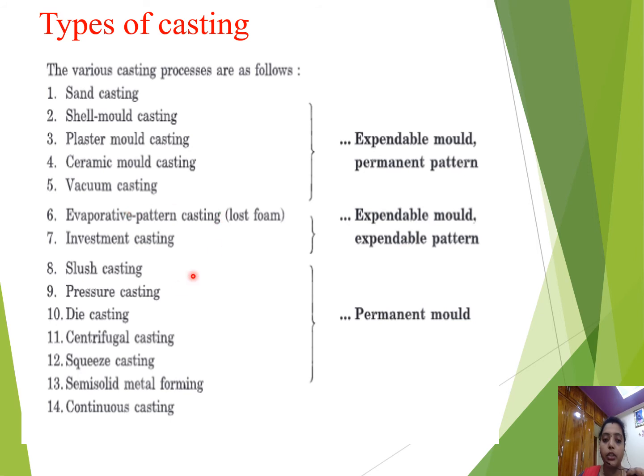The sixth and seventh are expendable mold and expendable pattern, meaning we are removing and adding the mold and pattern. The remaining processes come under permanent mold. Here we keep the mold as a permanent one and prepare the casting. These are the different types of casting, which are very important in our syllabus.